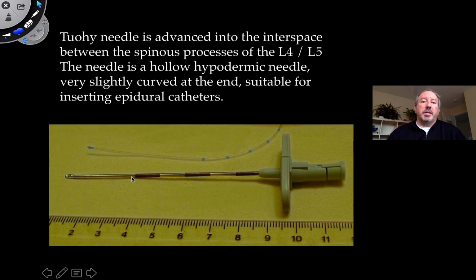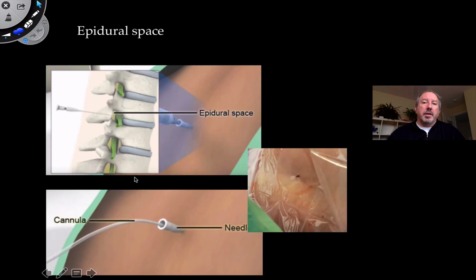And then this Tuohy needle, as I mentioned before, is advanced into that epidural fatty area, usually a little bit lower, in between the spinous processes of L4 and L5. Now, really, it could be anywhere below L2. The reason is that it's a little bit safer down there because, again, the spinal cord is in less danger because of the cauda equina, and so the needle is a hollow hypodermic needle.